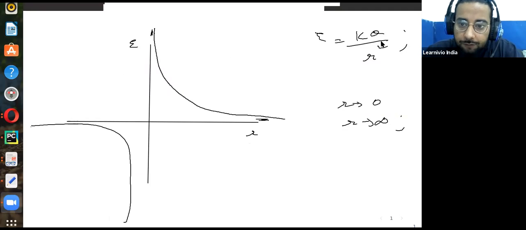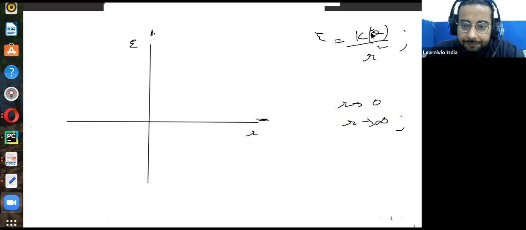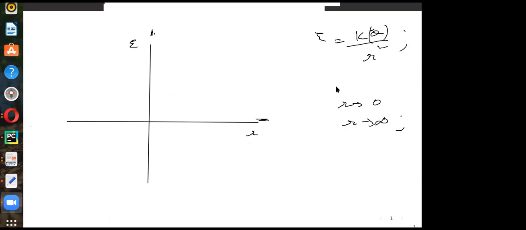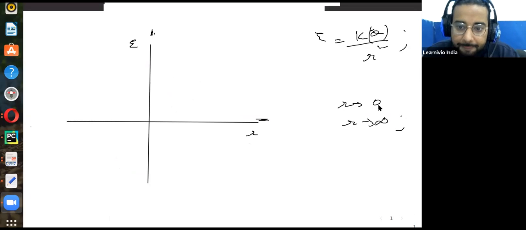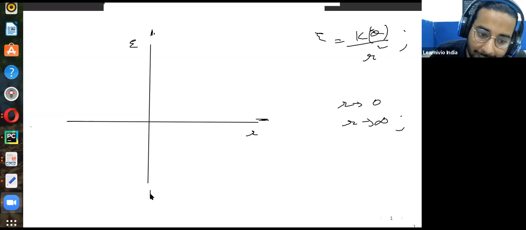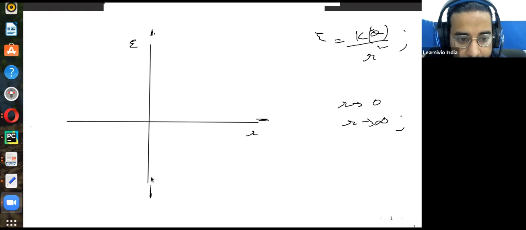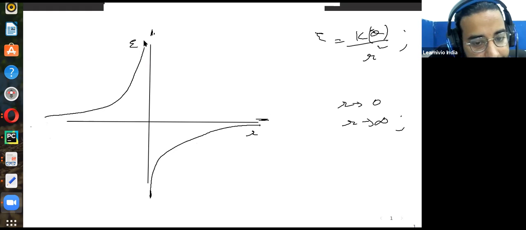Okay, this is because of a plus q charge, right? What about a minus q charge? Let's say you have a minus q charge, then the graph will go around the third quadrant. So essentially, when you put r tending to 0, instead of going to plus infinity, this will go to minus infinity, and so this will essentially look like this, and here it will look like this.